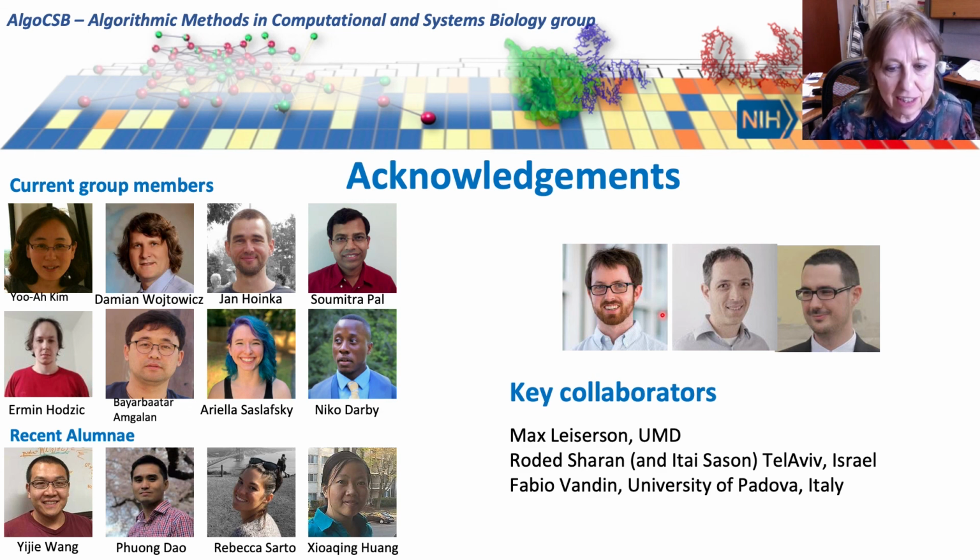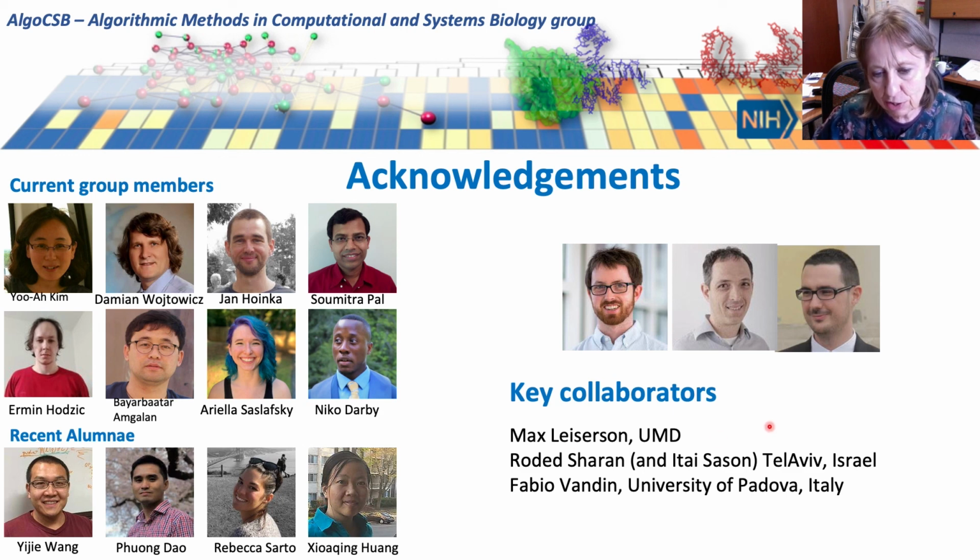Finally, the most important slide. I would like to acknowledge the members of my group who did the work that I described today, and also our collaborators. In particular, I would like to acknowledge Joachim, who did the work related to understanding the etiology of unknown signatures, Damian Wójtowicz, who led the signature decomposition project together with Jan Choinka, and they were both helped by Rebecca Sartobazzo and Xiaoqing Huang.